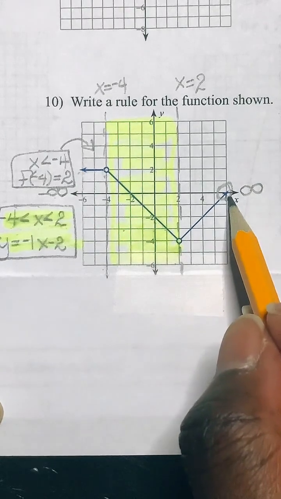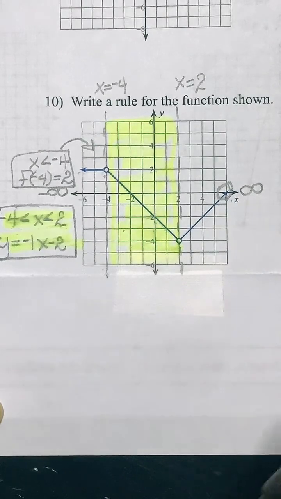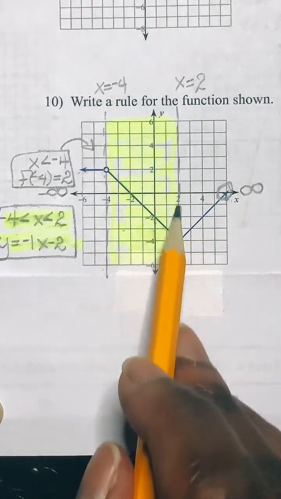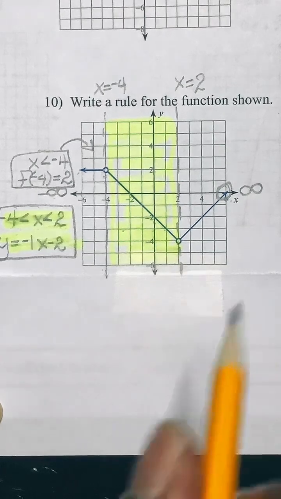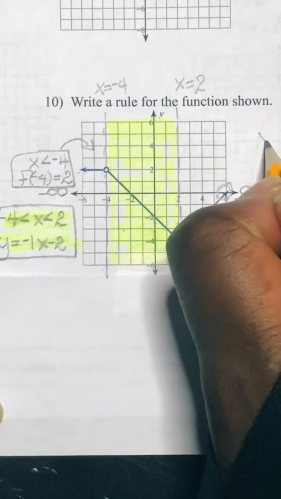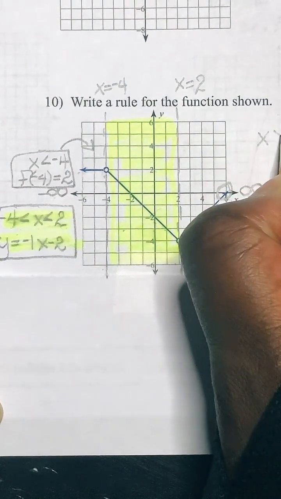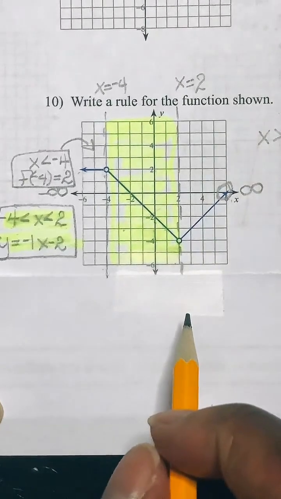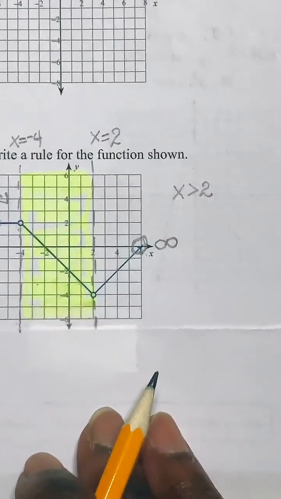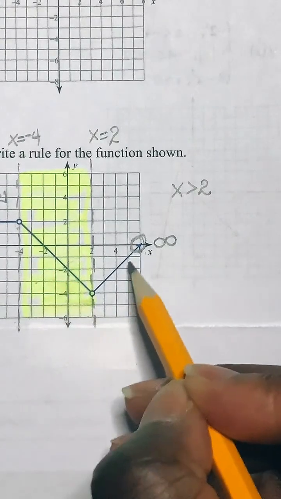Good, Diana. You're going all the way to infinity. So it's going to start at 2, but it's not going to include 2 because there's an open circle. So we're looking at when x is greater than 2, because it's going to keep going all the way to infinity.